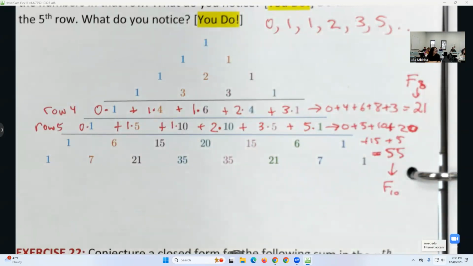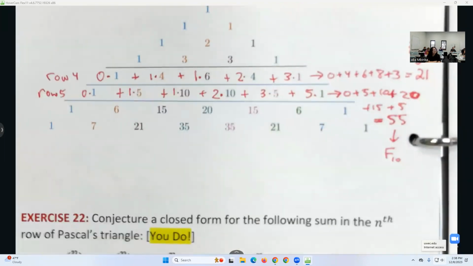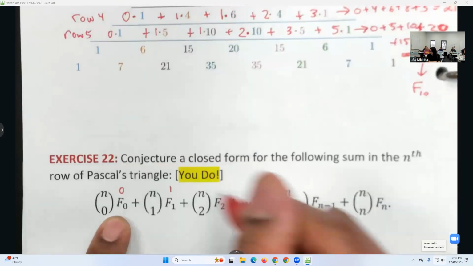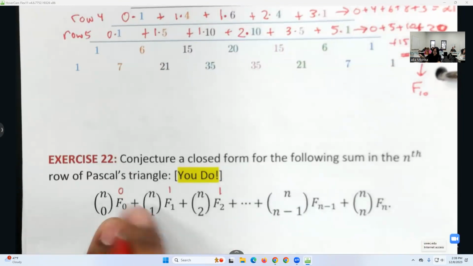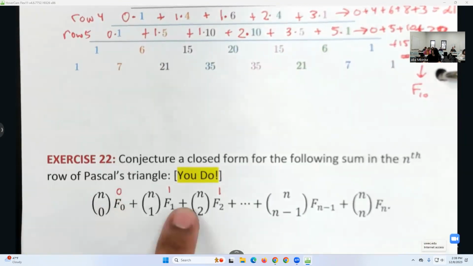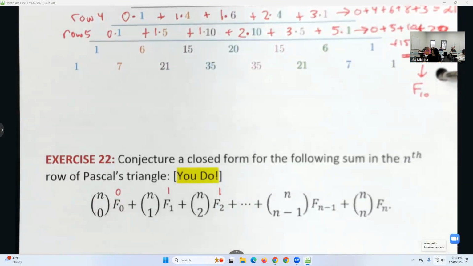All right. So conjecture time, conjecture time. With the numbers here, we have the numbers 0, 1, 1, etc. The Fibonacci numbers there. And then I'm looking at the nth row of Pascal's triangle, n choose 0, n choose 1, n choose 2. So what is the conjecture that this thing equals?